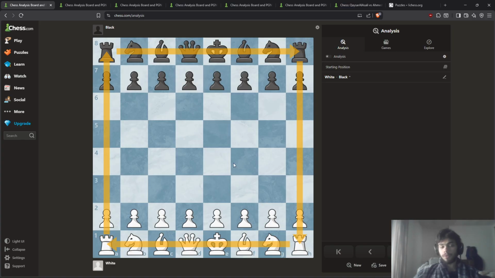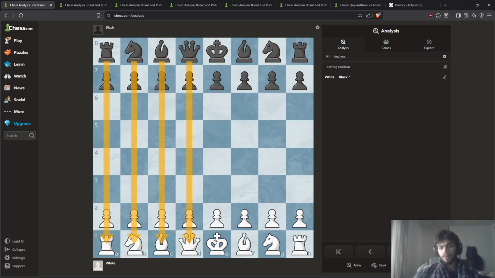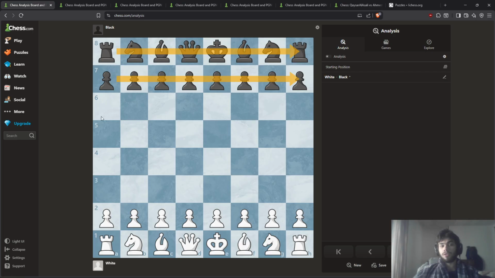This is the chessboard, and the vertical lines here, these are known as files. As you can see, I'm drawing the arrows, and the horizontal lines are known as ranks.